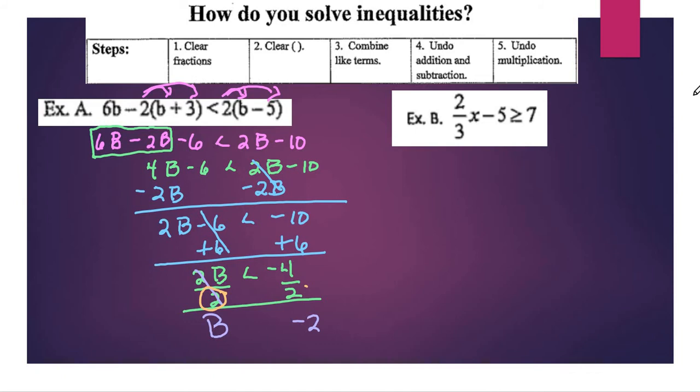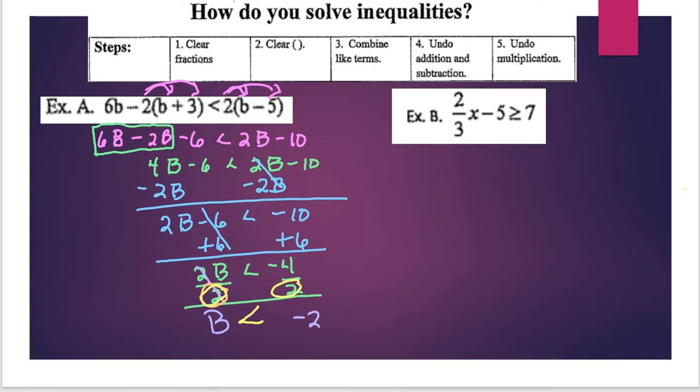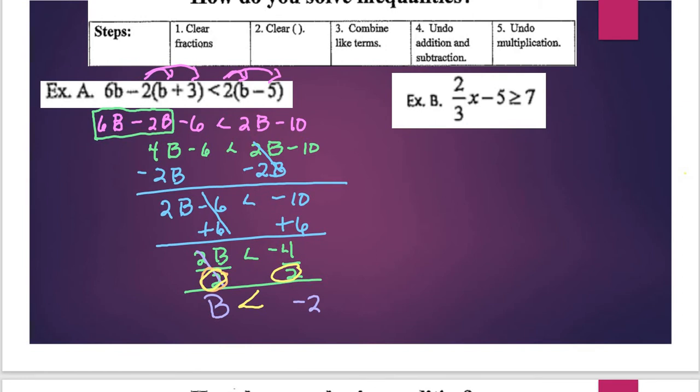And so this should be b is less than or equal to a negative 4. Now, I finally got my pen working again, and so when we look at this right here, I circle and see, did we divide both sides by 2, a positive number? And the answer is yes, so we do not flip the final answer right here. So this is the way it's going to look.